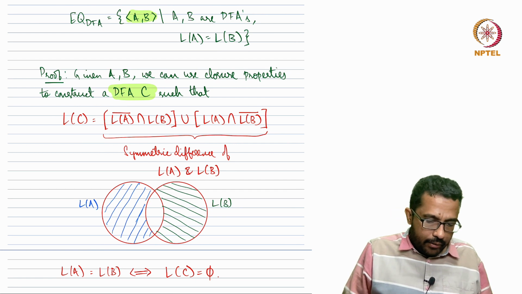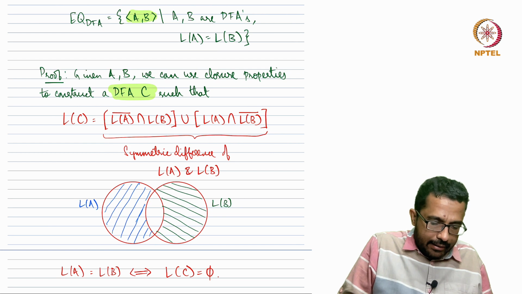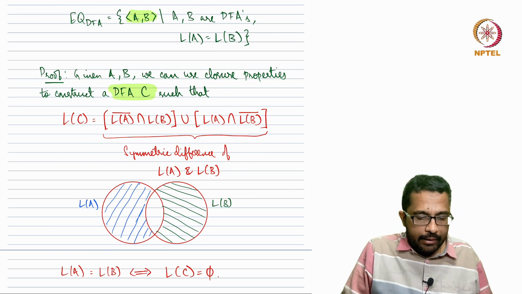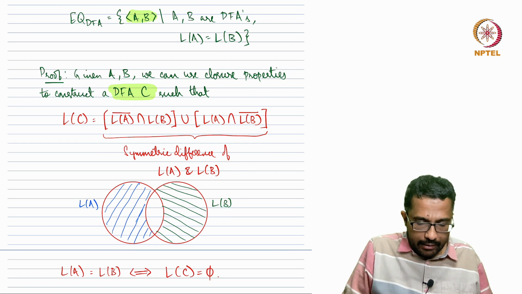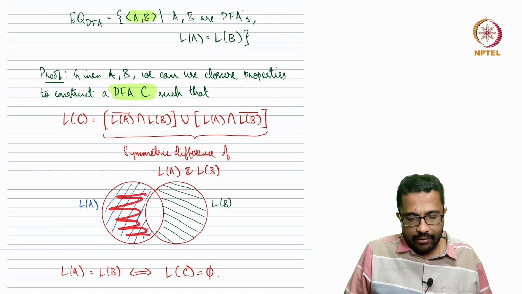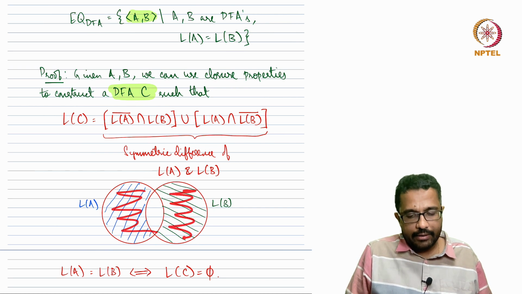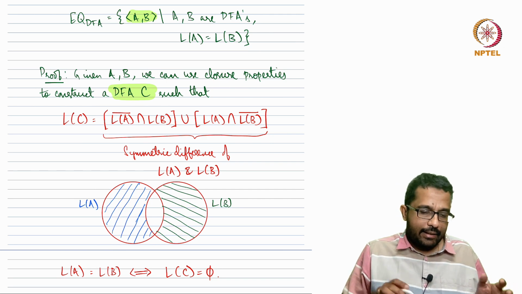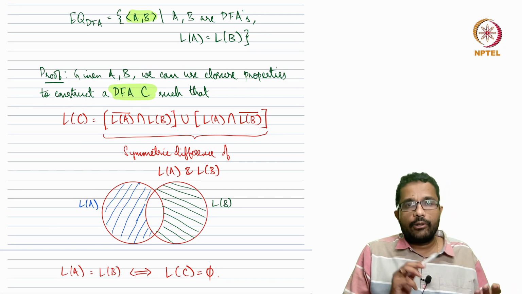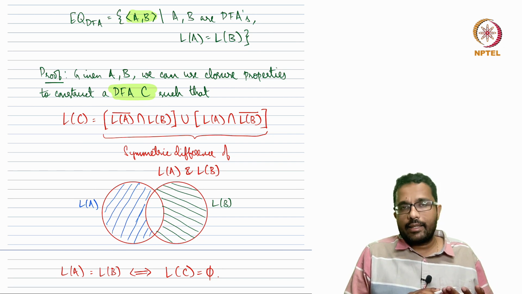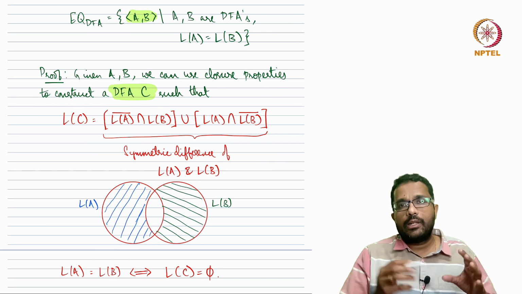And so the symmetric difference is represented like this using union, intersection and complement. It is LA complement intersection LB, right? So which is this part. Union LA intersection LB complement, which is this part, right? So LA intersection LB complement is this, LA complement intersection LB is this, and it's the union of both. And since DFAs are closed under, or regular languages are closed under complement, intersection and union, we can construct such a DFA by all the closure properties.